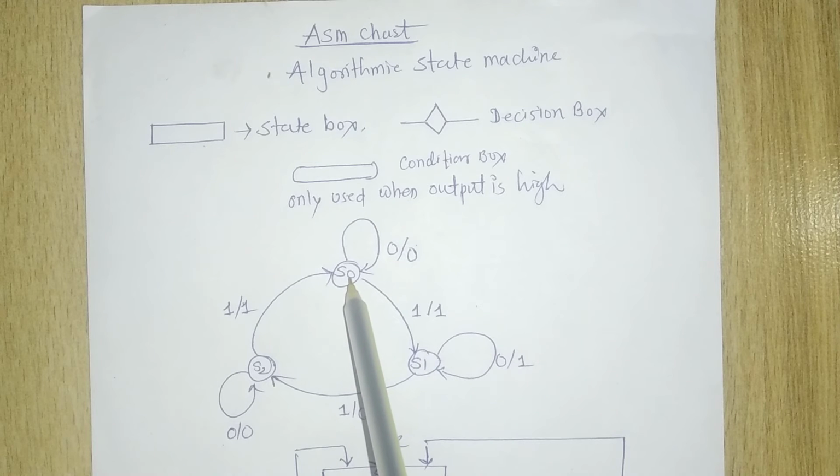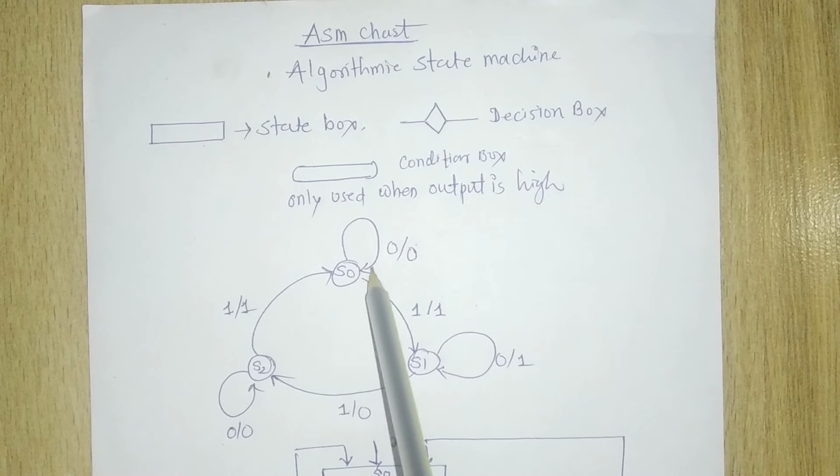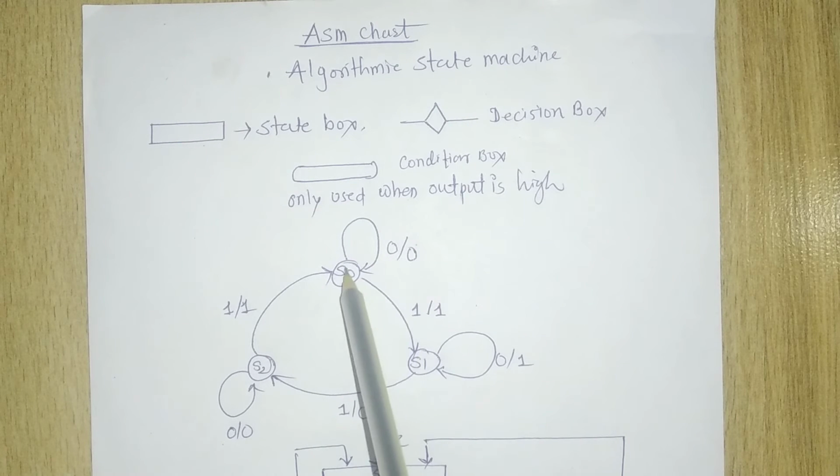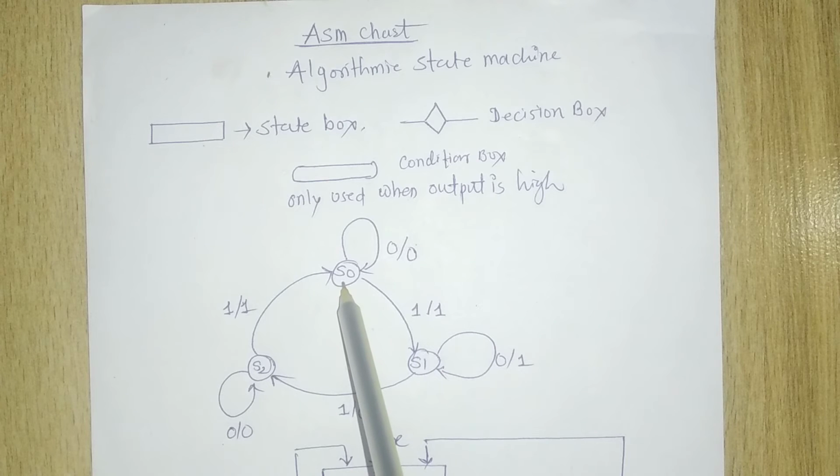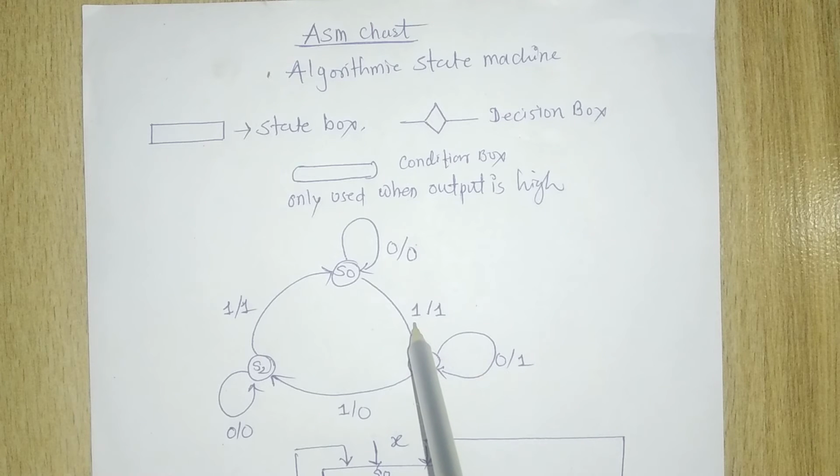So this is the meaning of this S0 and this transition arrow. When input is a 0, S0 will go to the same state, and when input is a 1, S0 will go to the next state S1. So it means that from S0 to S1 there is a transition when input 1 is given to S0.